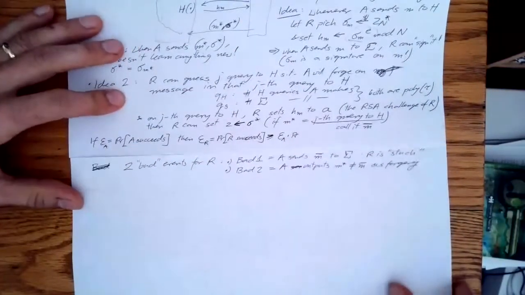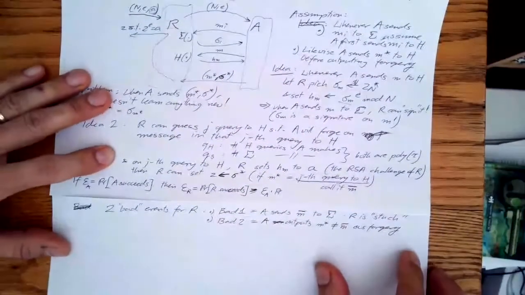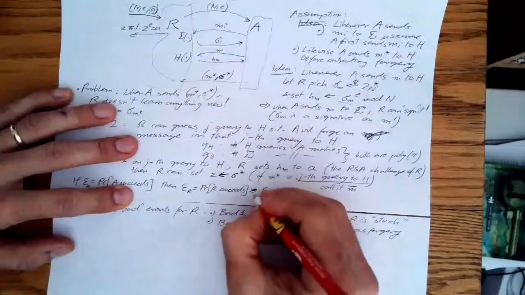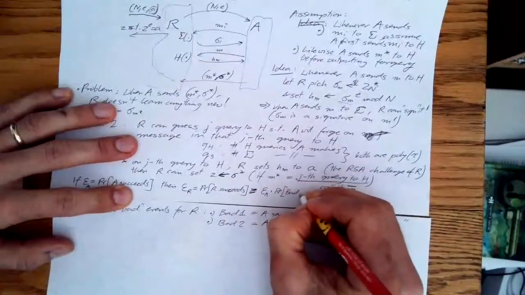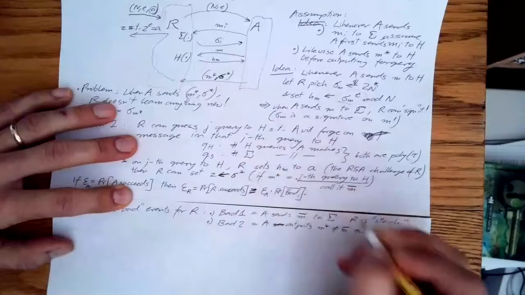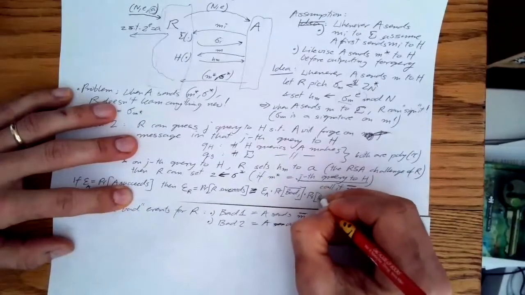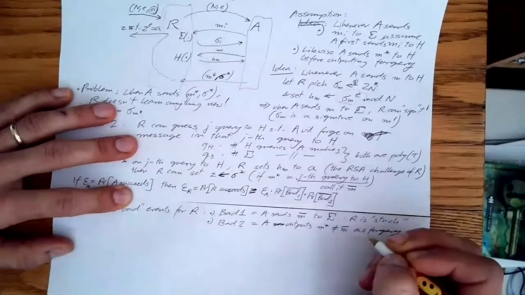So therefore, the reduction succeeds with the probability that these two events don't happen. Okay, and they are independent. Are they independent?